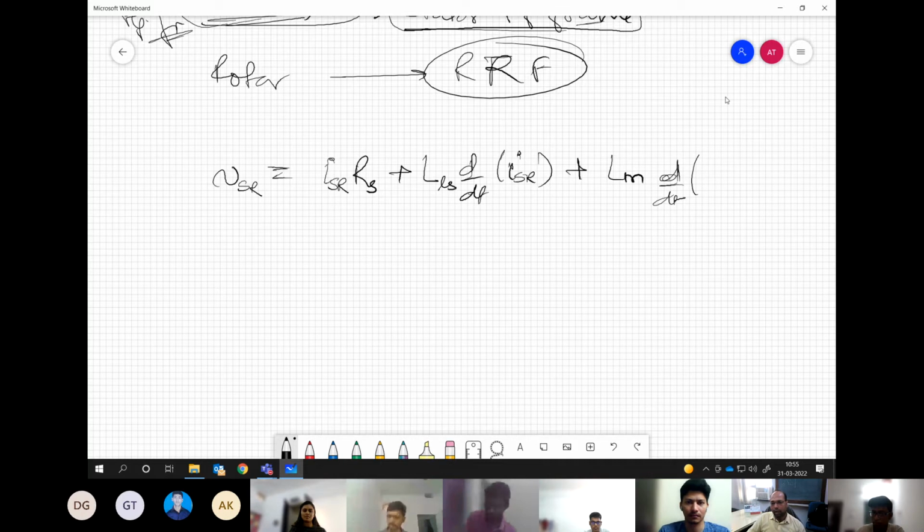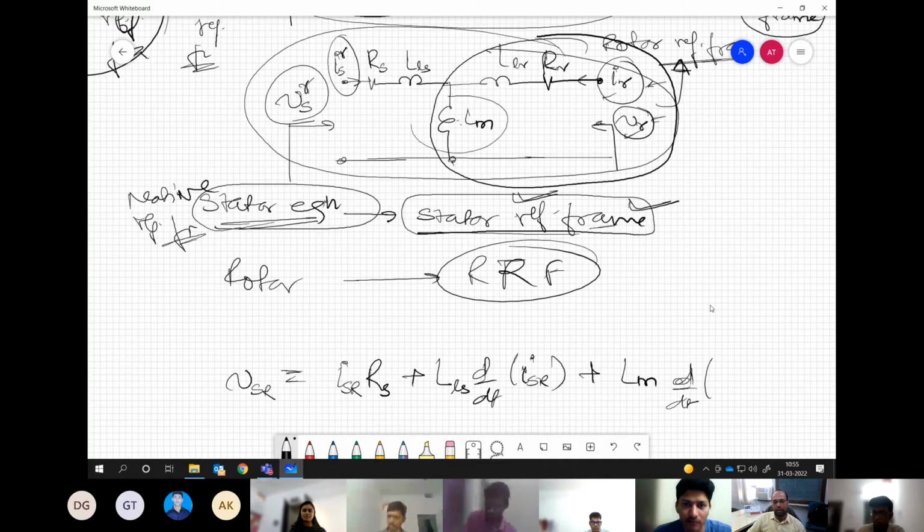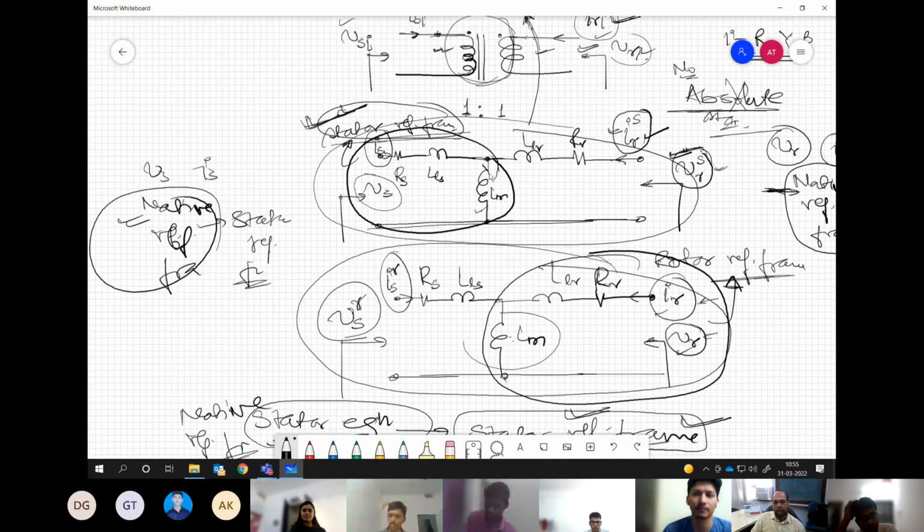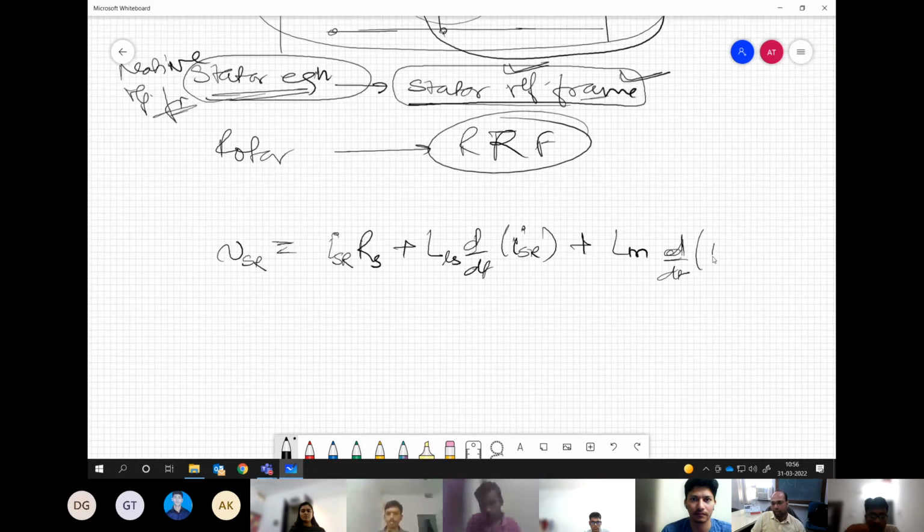Now both the currents are entering in this magnetizing branch. IS is also entering and the rotor current referred in stator is also entering in this branch, right? That is how we represent. So both the currents will be visible in this term. So it will be ISR plus IRR in stator reference frame.